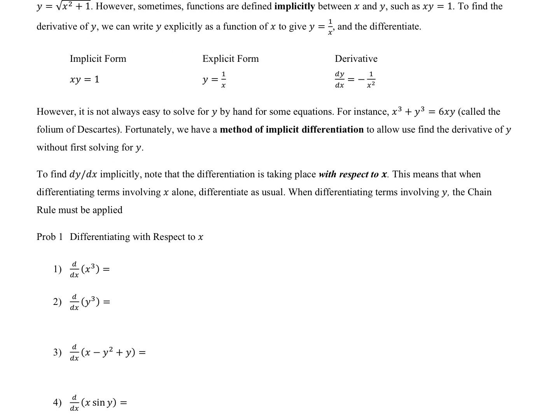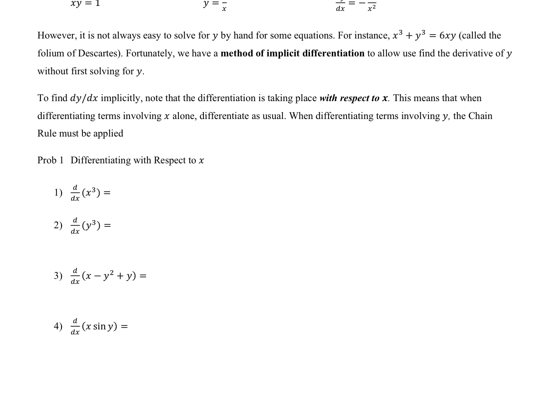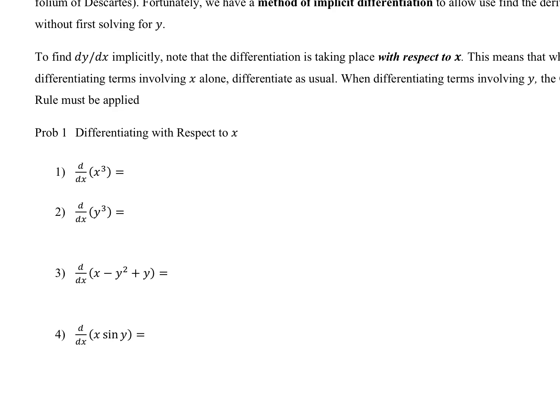Let's look at the following examples. In the first example, we need to differentiate x cubed with respect to x. Here the variables agree, and when they agree, you just use the regular power rule. So we get 3x squared.